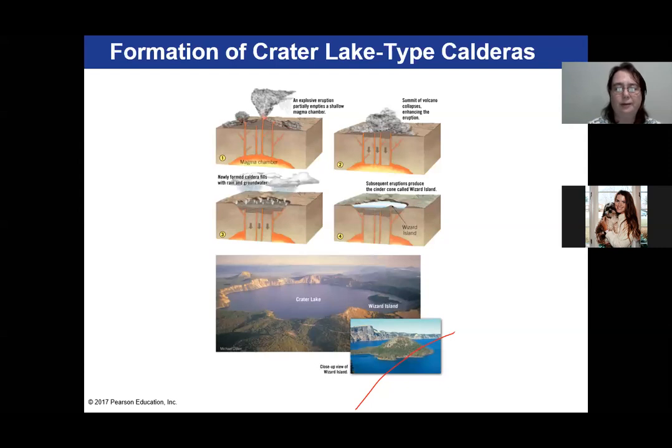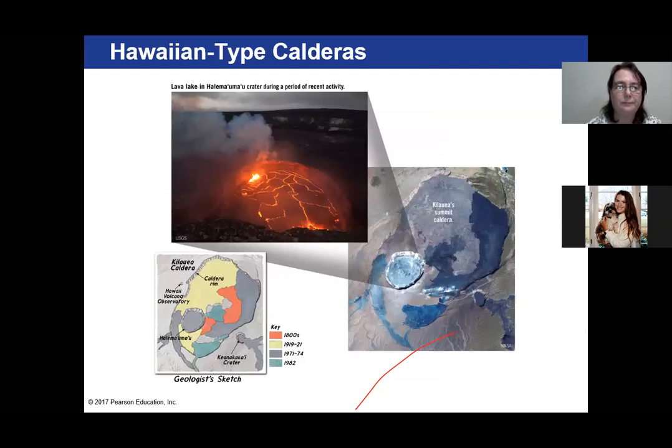So here's Crater Lake, and basically after the eruption, whatever doesn't erupt flows back down into the magma chamber and then goes back down towards the mantle. Not entirely sure why, but you get an island form there. Here's Hawaii. So that's a lava lake.